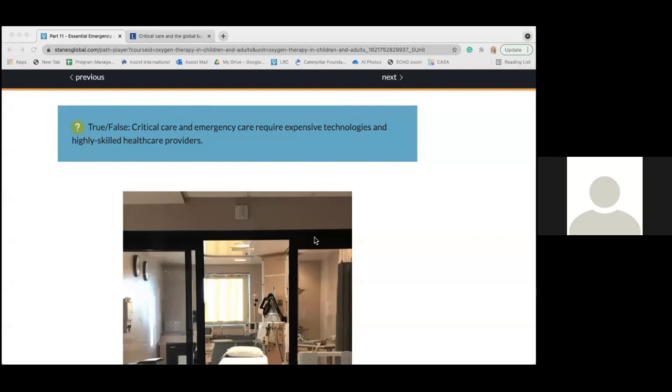Half of our participants think that for you to provide critical care and emergency care, you require expensive technology and highly skilled healthcare providers in your facility, whilst the other half think that you actually do not require expensive technology or highly skilled human resource to be able to provide critical and emergency care.